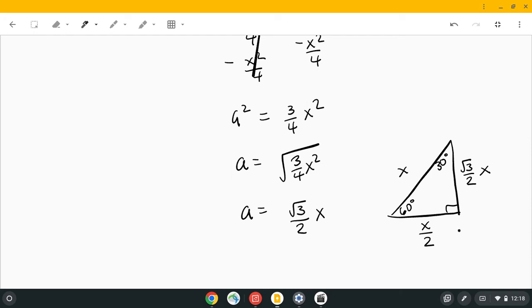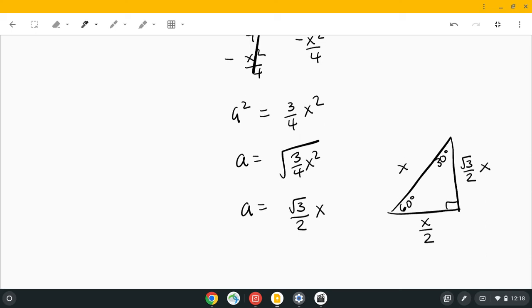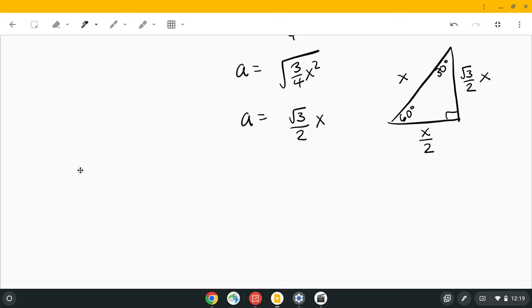If you don't like the fractions, we could multiply all of the sides by 2. Okay, and if you multiply all the sides by 2, right, then that leaves me with no fraction there, no fraction here, and no fraction there. Okay, so either one is fine.